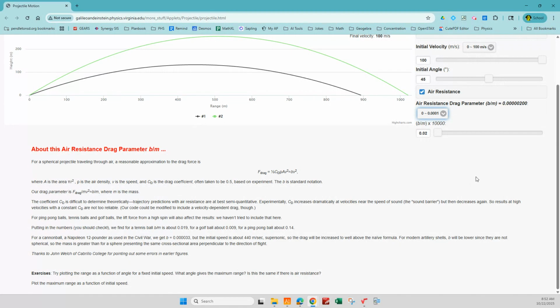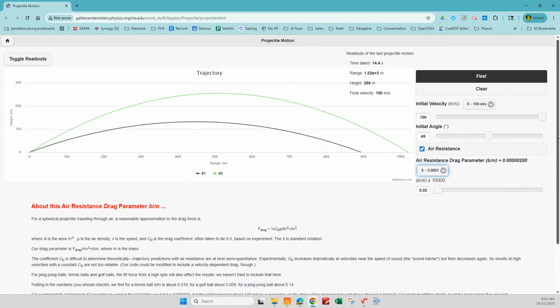How far do you think this thing is going to go? Not far. Like instead of a kilometer, how far do you think it'll go if I shoot it at 100 meters per second? Now that's pretty fast. 100 meters per second is like 330-ish feet per second. That's pretty fast. Only a little bit. So make a prediction. How far do you think it's going to go?